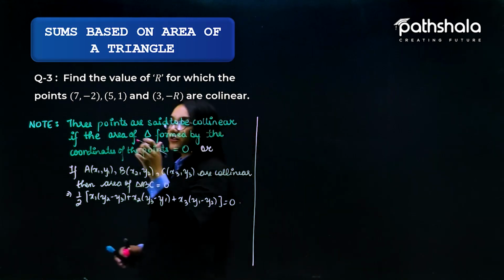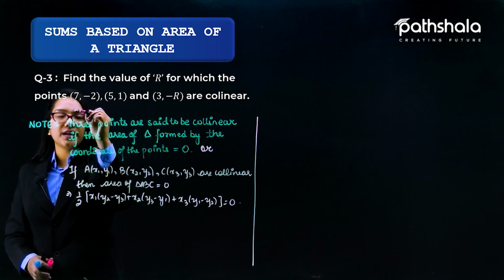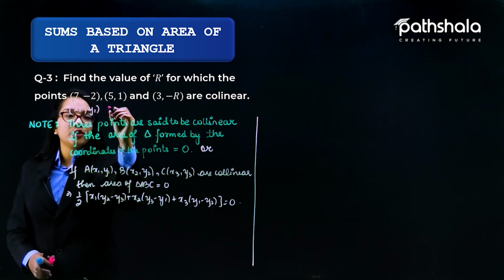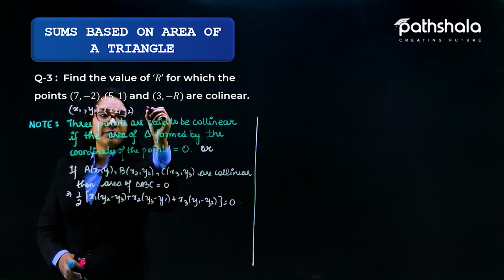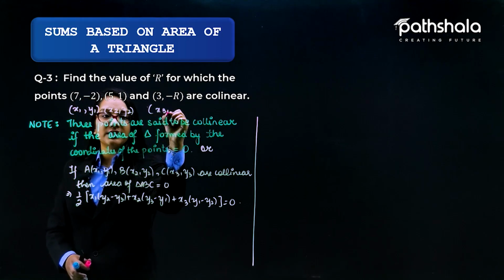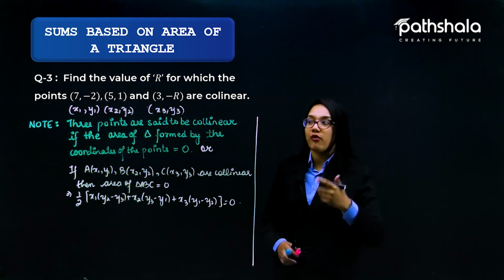So first of all, let us suppose I am taking 7 comma minus 2 as x1 y1. Let us suppose I am taking this as x2 y2 and I am taking this as x3 y3. So let's find out the value of r.